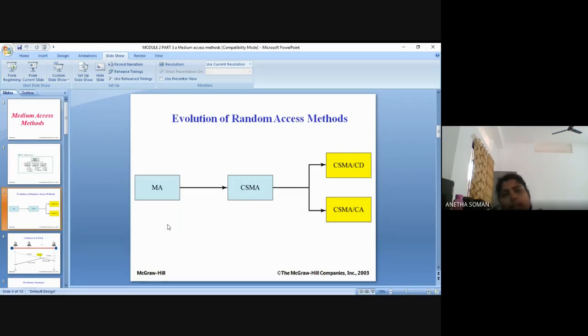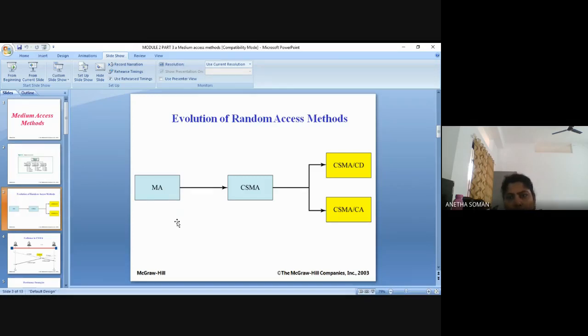Later, due to the necessity of controlling the link, there are two different methods: CSMA/CD and CSMA/CA. Their full forms are carrier sense multiple access with collision detection, and carrier sense multiple access with collision avoidance.